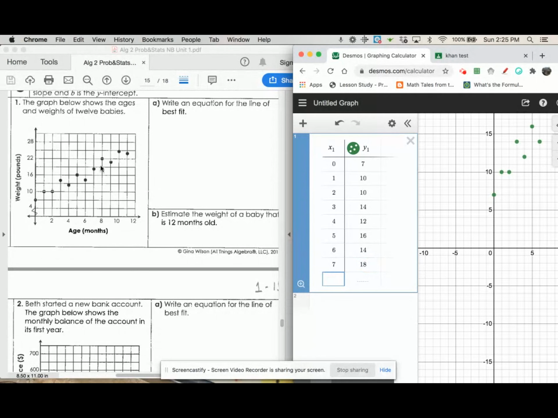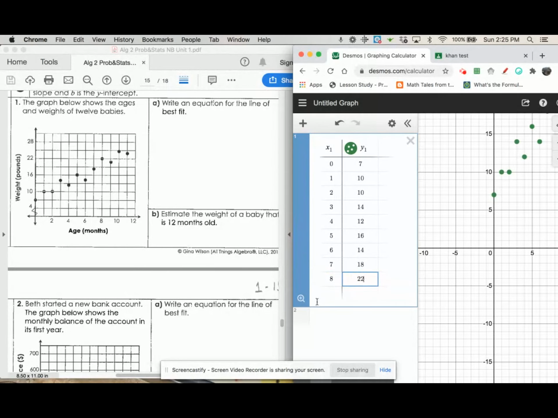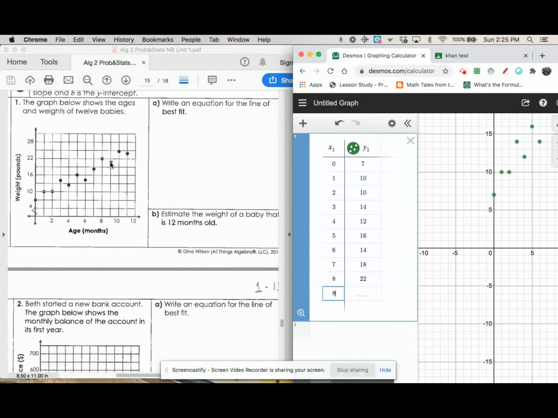I get here, it's 8 and 22. So 8 and 22. 9 is this point here, 9, and it's a little bit below 22. I'll say 21. Oops, 9 months, 21 pounds.